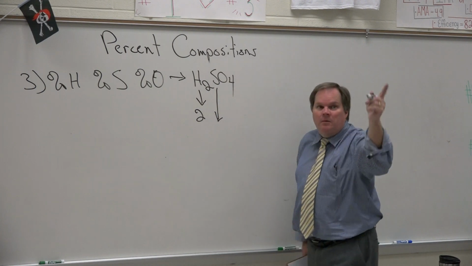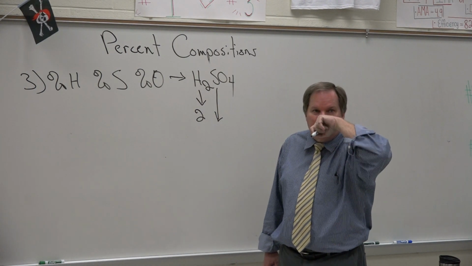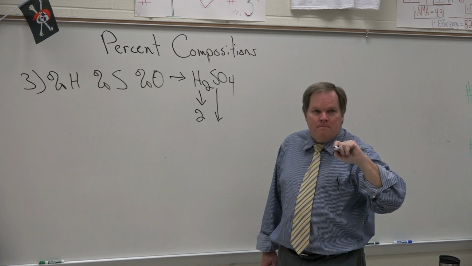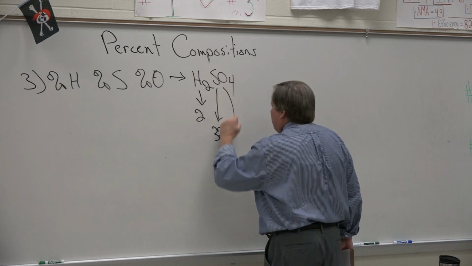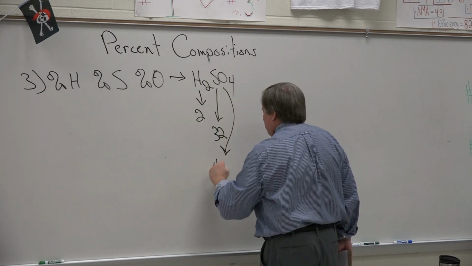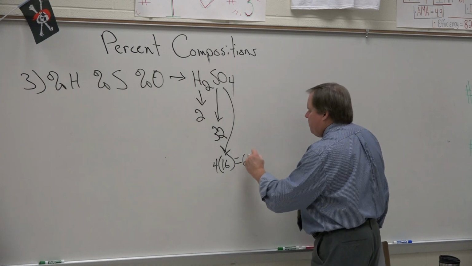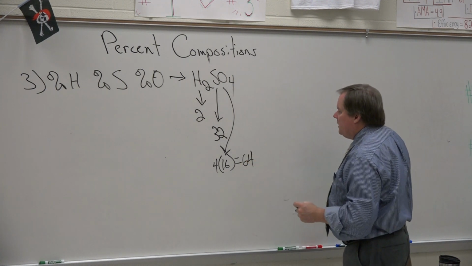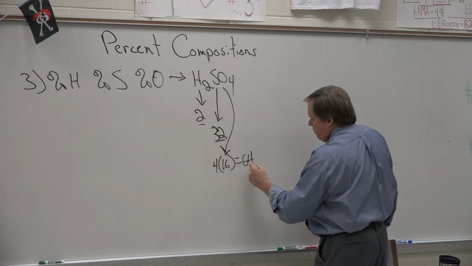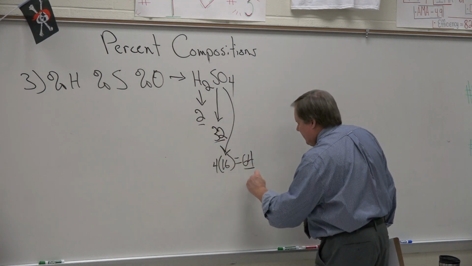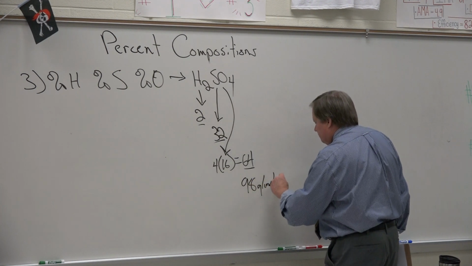Sulfur, let's go to the table. Sulfur, anyone, tell me what sulfur weighs a mole? 32. We've got 4 oxygen. 4 times 16 is 64. All right, so in total, 2, 32, and 64 is 98. So 98 grams per mole.